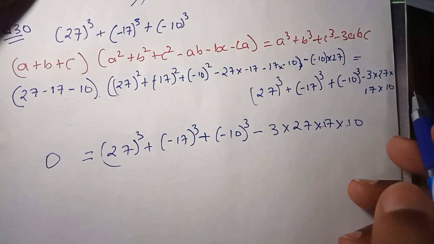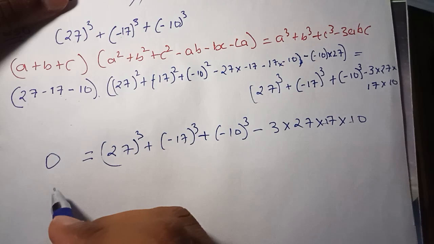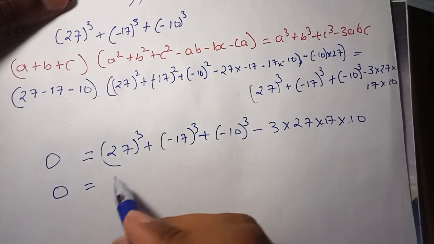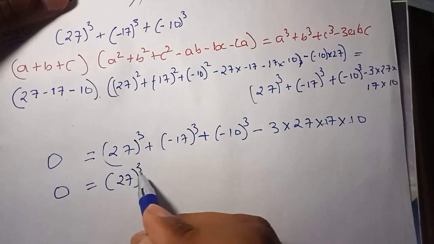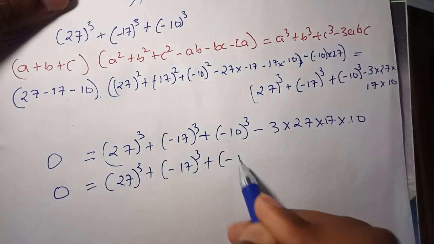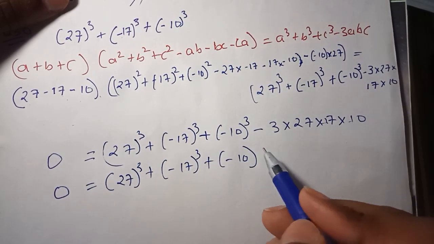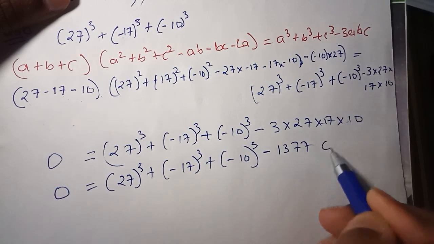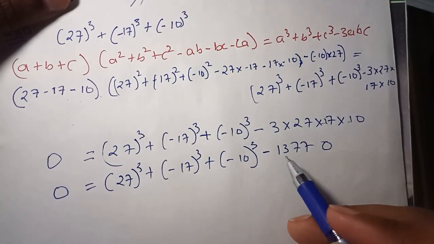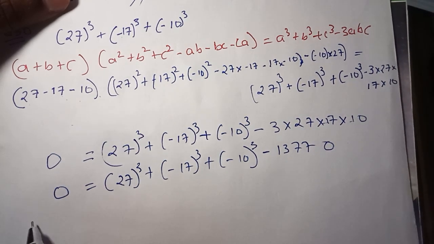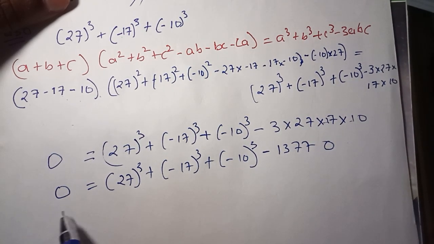When I multiply this, what I'm going to get is 0 equals 27 plus minus 17 whole cube plus minus 10 whole cube, and when I multiply this, I'm going to get minus 13770. You can multiply this and you'll also get 13770. Minus 13770, if that comes on this side, it's going to become plus.